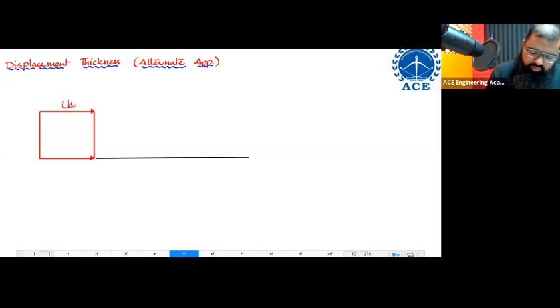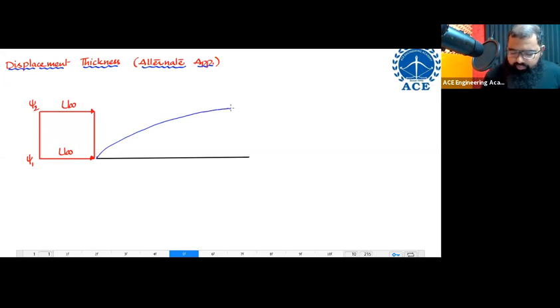This over here is u infinity. This, let us say, psi 1. This is psi 2. Let us say there is some boundary layer formation taking place.